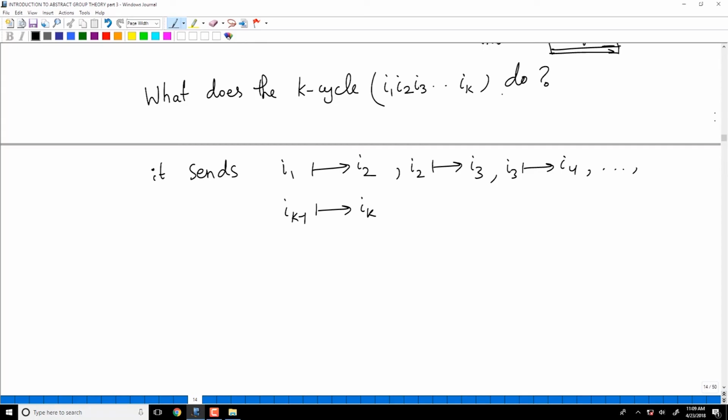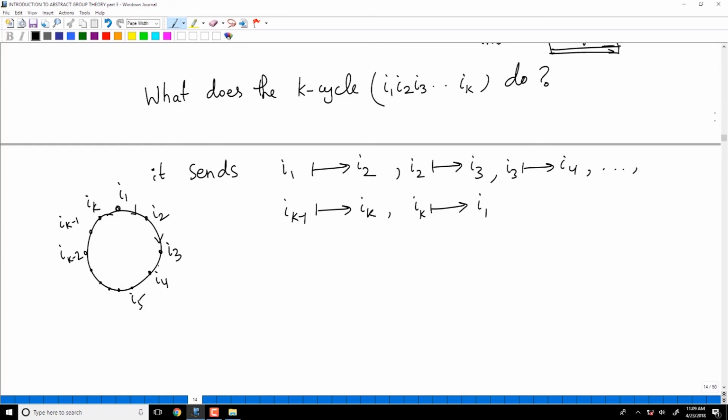And finally, where does Ik go? Because it's a cycle, you cycle back. There is nothing next to Ik, meaning you send Ik to I1. So as a cycle, you have I1, then I2, always clockwise, I4, I5, up to Ik minus 2, Ik minus 1, Ik.